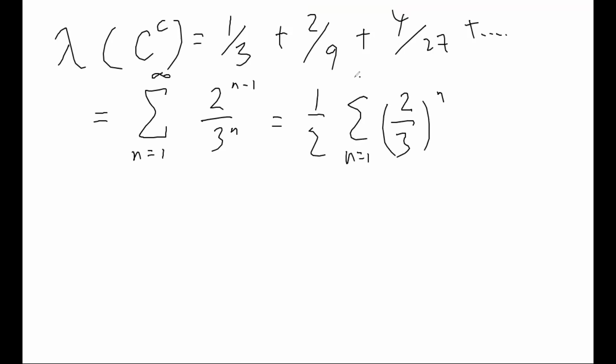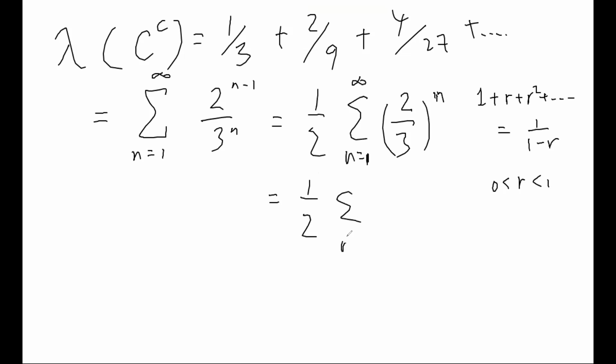But this one is not starting from 1. Your geometric sum starts from 1 plus r plus r squared and so on, which equals 1 over 1 minus r if r is between 0 and 1. So in order to start from 0, you subtract 1 on the index, but you have to compensate back on the summand.